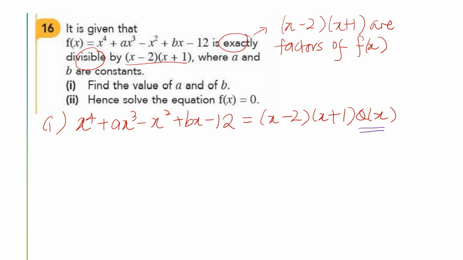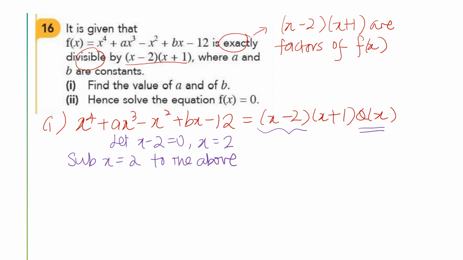If you let your first linear factor equal 0, you'll get x equals 2, right? So when we substitute x equals 2 into the above, you observe that the right hand side will give you 0, because x minus 2 is 0. 0 times anything will just give you 0.